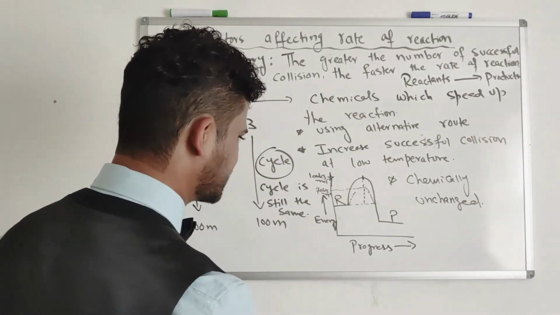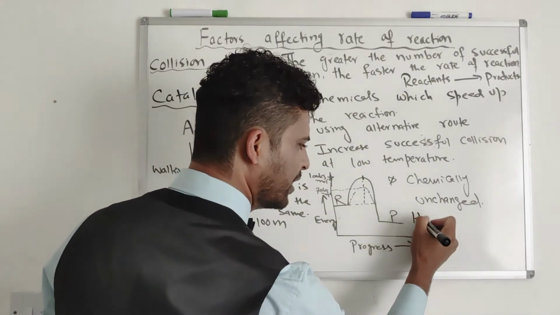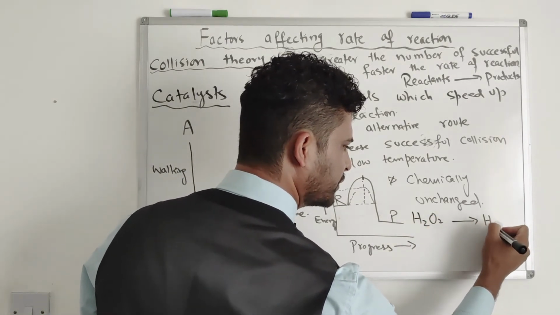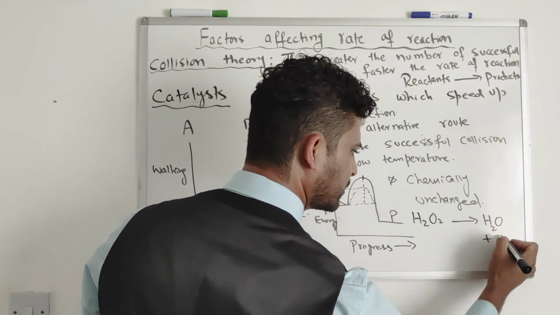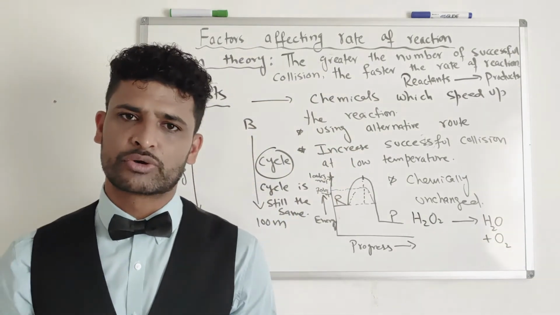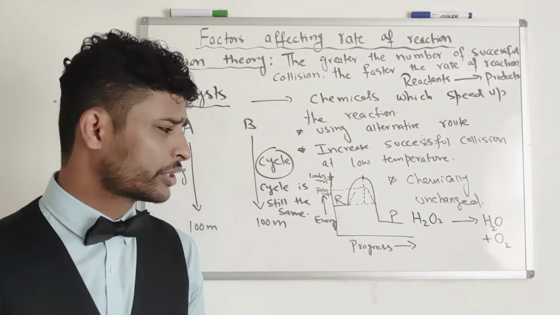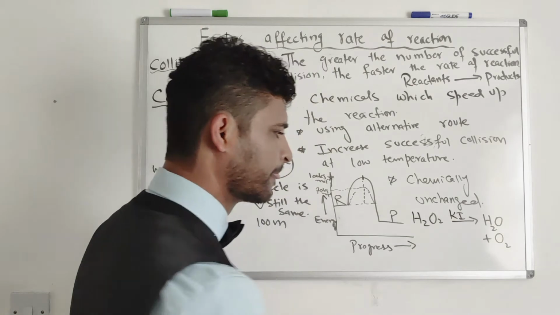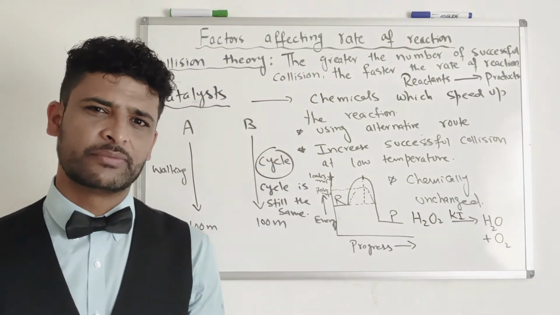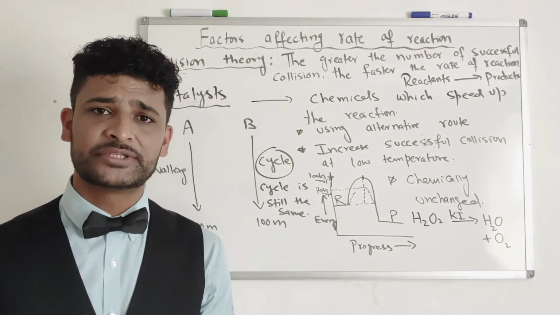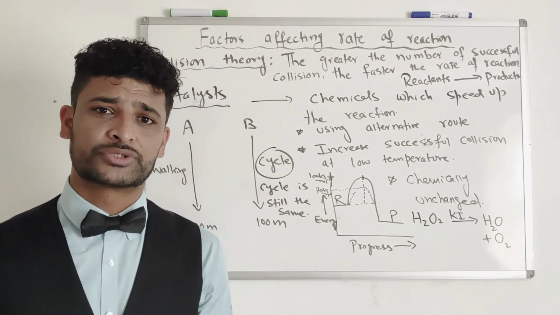Let's take an example. If you have hydrogen peroxide, H2O2, decomposing and converting into water and oxygen, you can speed up this reaction by using potassium iodide. The potassium iodide works as a catalyst, and it will speed up the reaction. As a chemist, you should be reducing the cost to produce a chemical.